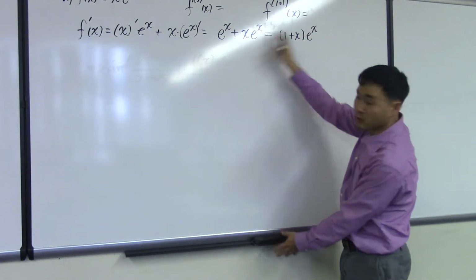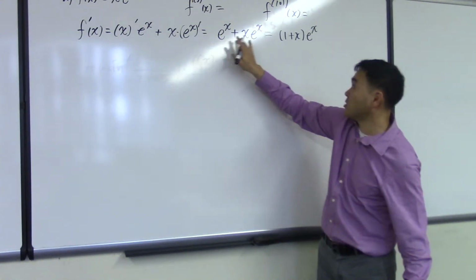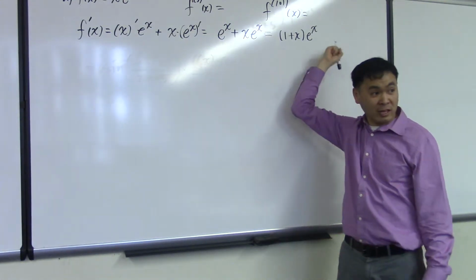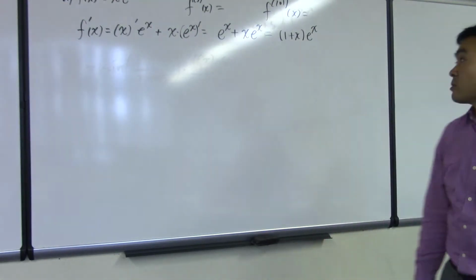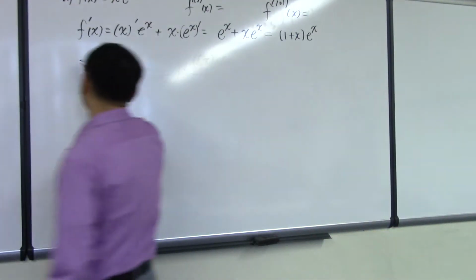If I factor the e to the x, this is 1 times e to the x, that's x times e to the x. So if I take the e to the x out, what's left inside the parenthesis is 1 plus x, right? Now let's differentiate twice.